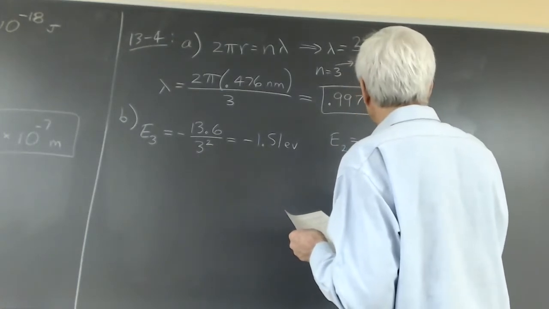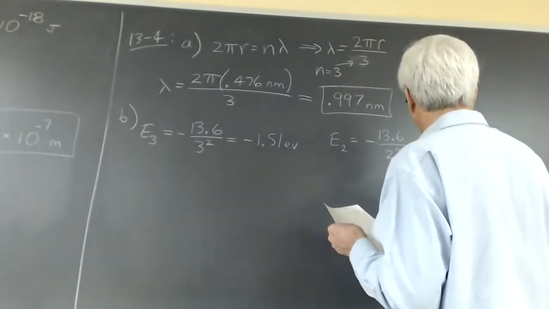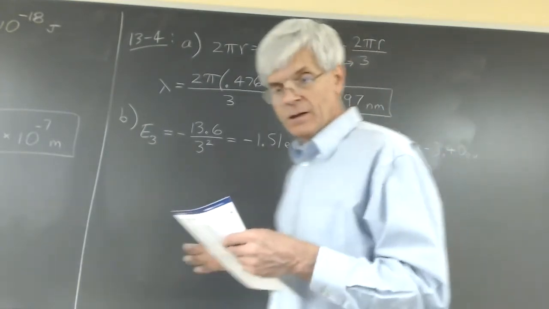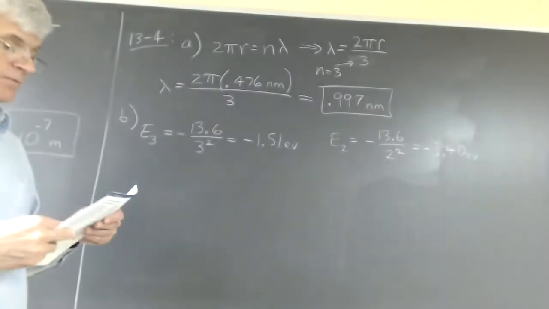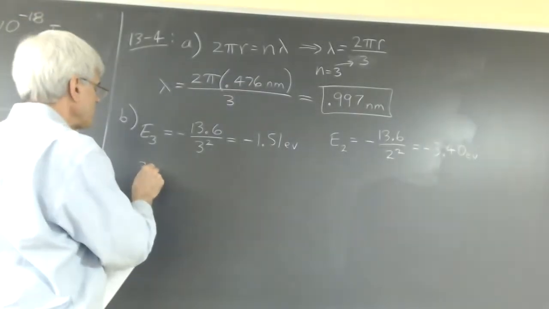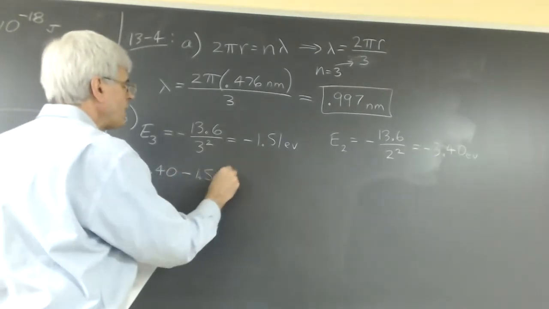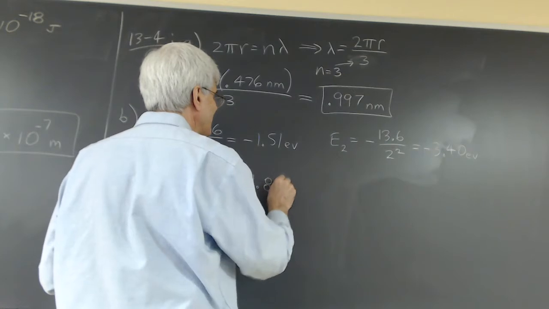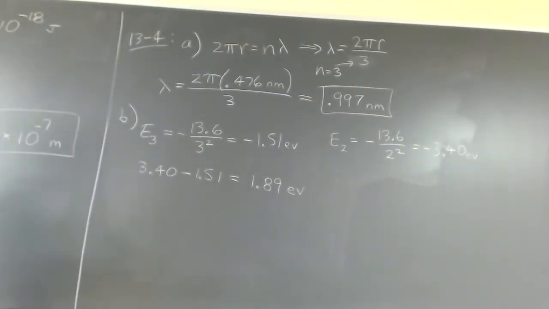Once again, that's 13.6 over 2 squared, which comes out 3.4. And so 3.4 minus 1.51 is 1.89 electron volts, which is the energy of the photon that's given off.